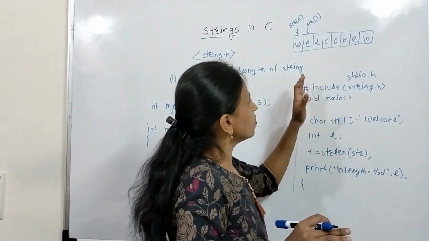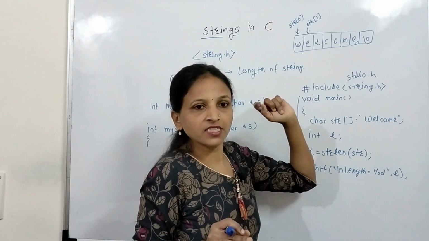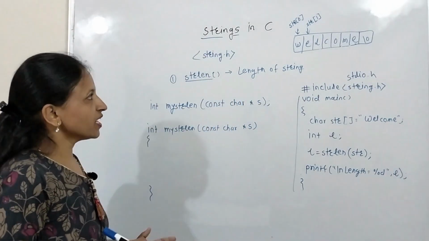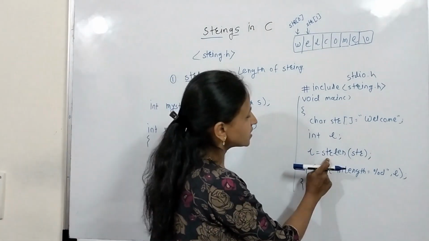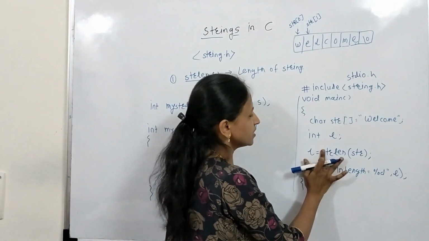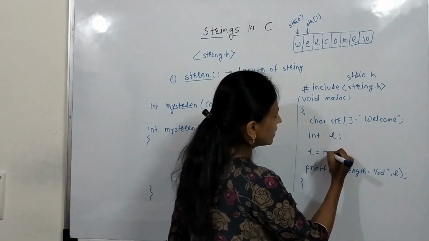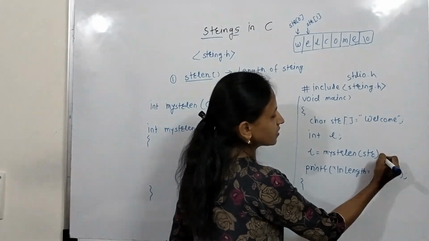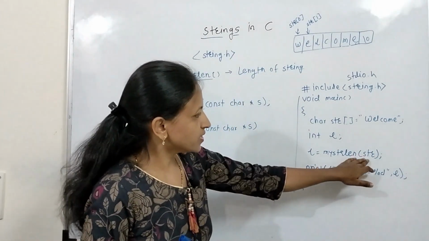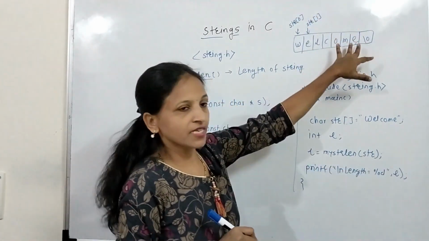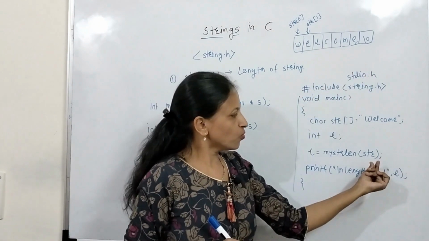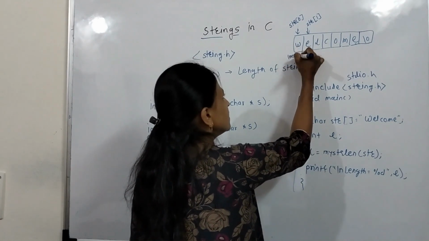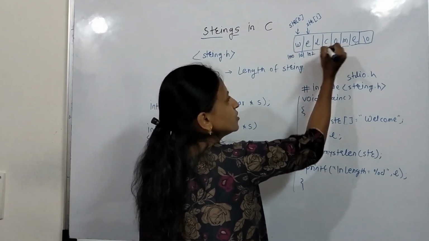Now see, I want to calculate how many characters are there in this string. We have to count how many characters are there. We will apply some logic here. We are calling that strlen function. Here I will write mystrlen, and here I will pass str in this way. Now this str is nothing but the name of this array. Name of array means it will hold the base address of that array. Let the address initially be 100, here 101, 102 and so on.